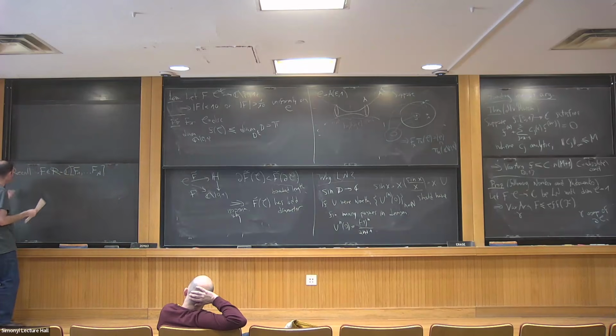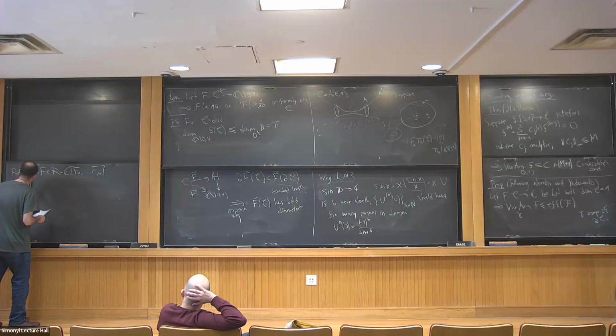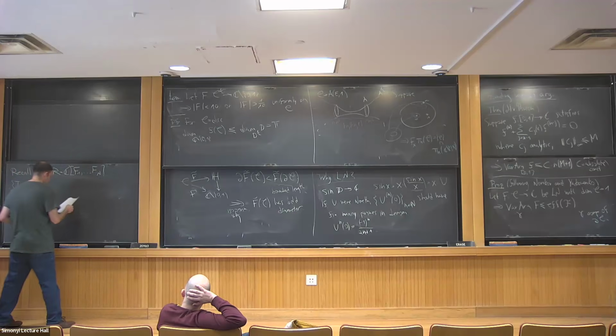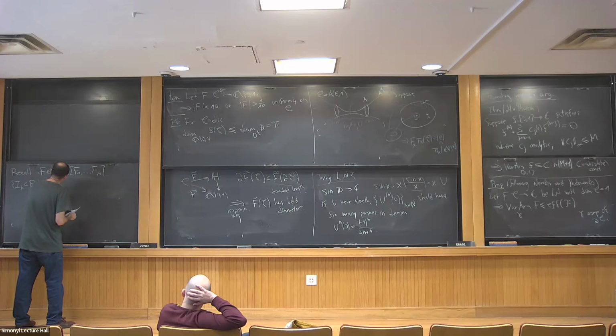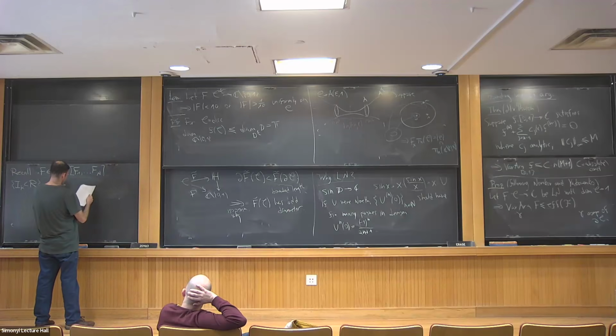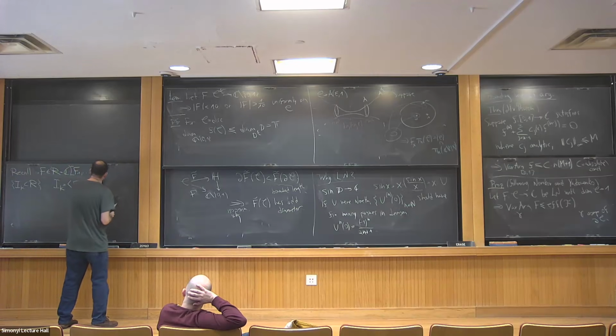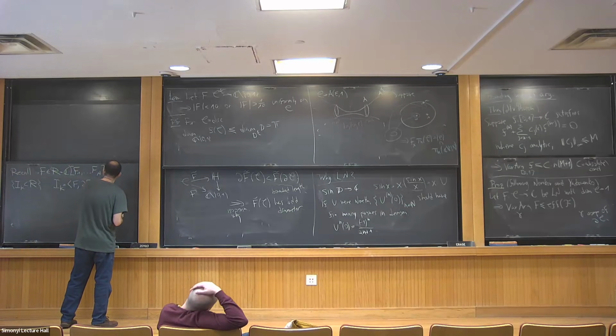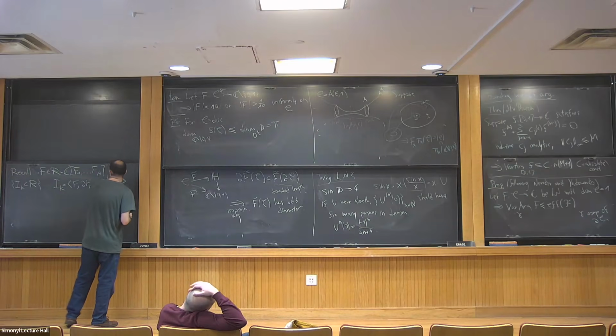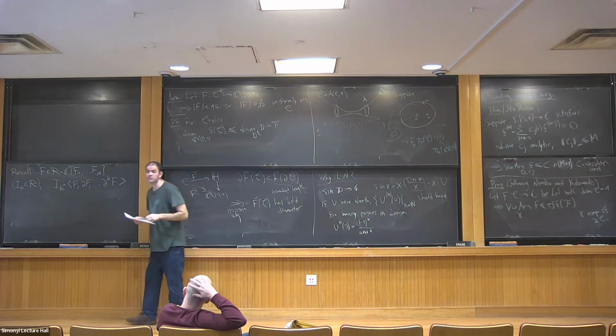Now I'm going to define a chain of ideals, an increasing chain I_k in R, defined by I_k equal to generated by f, delta f, up to delta to the k of f. So it's an increasing chain of ideals.